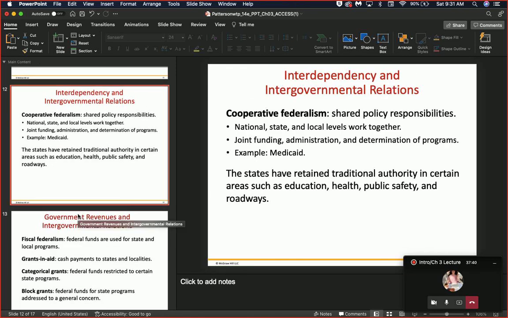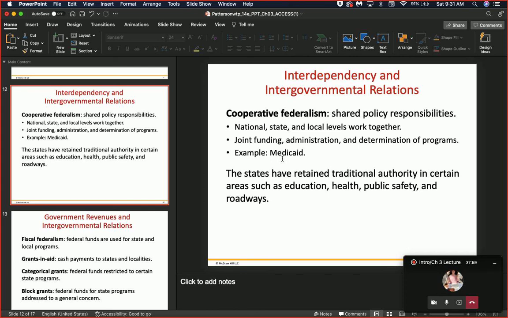So, cooperative federalism. This is shared policy responsibilities. Okay, so this is the national, the state, and the local levels all working together. We see this through joint funding, administration, and determination of programs. So, for example, Medicaid.